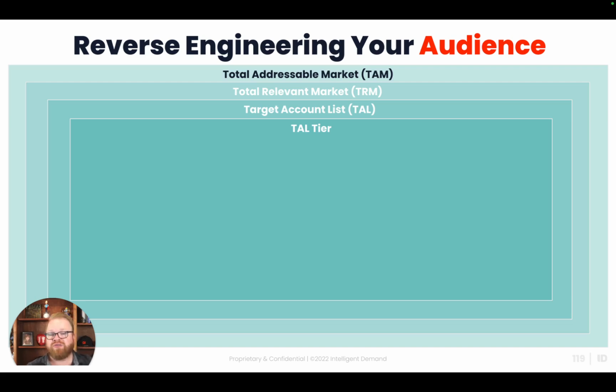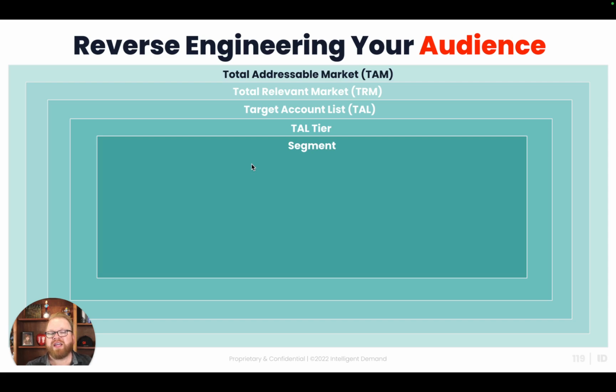Whereas a tier 4 account, maybe you're only willing to spend a couple thousand dollars to close that account. So splitting accounts into different tiers helps you to understand which accounts should be in your one-to-many play that is very, very lightly personalized, and your one-to-one play that is very highly personalized.